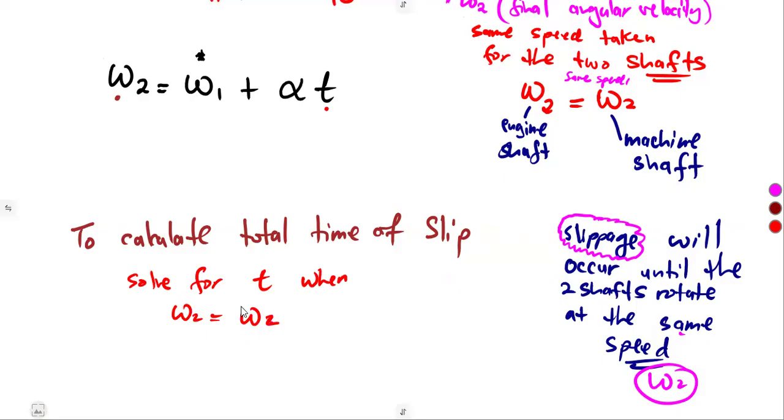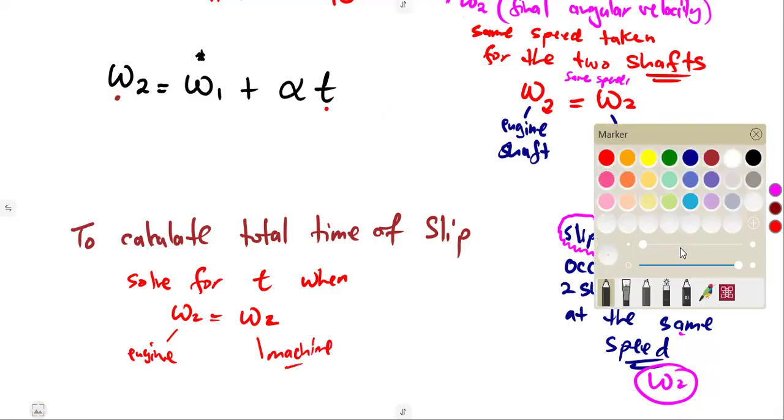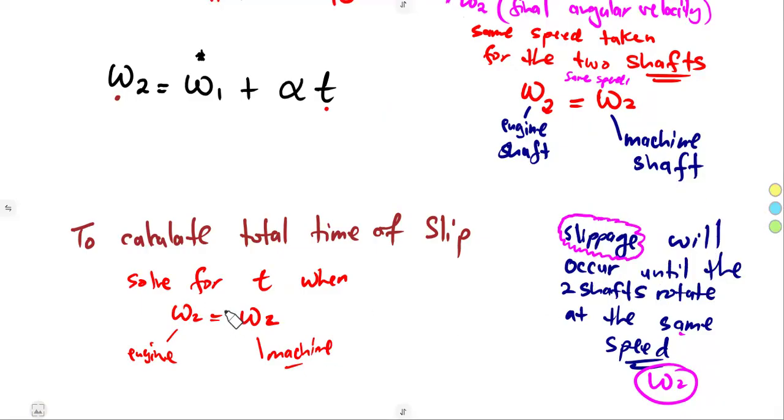When we say omega 2, you're talking about these two, the one of the engine and the one of the machine. When those two are equal, we can solve for t from there. So guys, I want you to use this part to answer any question that has this consideration. So that is it, guys, from this part.